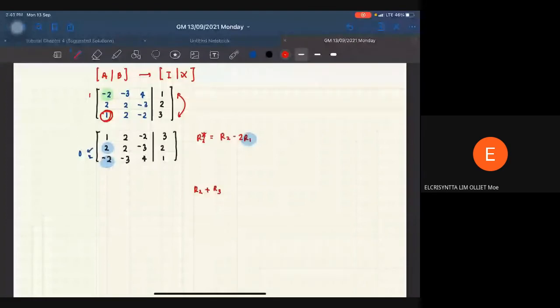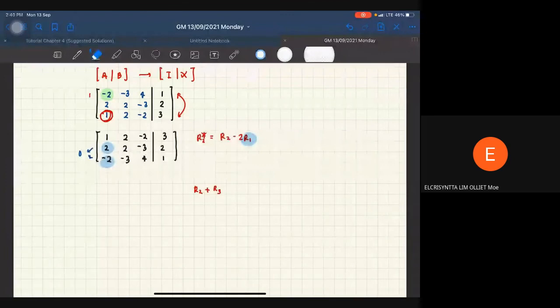Sebab this one dia baru first column. So untuk first column ni, nilai awak yang lain tu dia belum berubah lagi. Dia belum jadi kosong, dia belum jadi 1. So even kalau awak tambah 2 row yang kita nak tukar ni, dia still tak memberi perubahan kepada apa yang awak dah tukar. Sebab awak belum tukar lagi. Boleh faham ke? Okay, Miss. Okay. So boleh je? Betul-betul? Boleh.